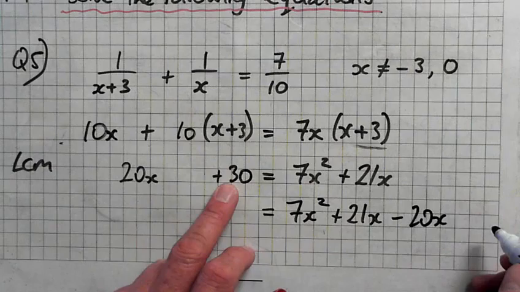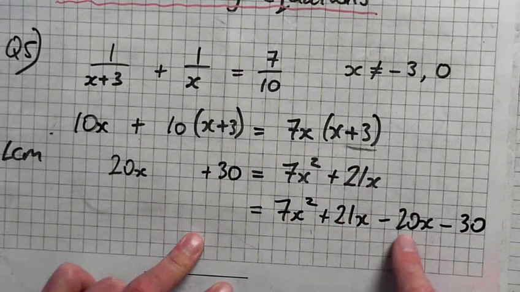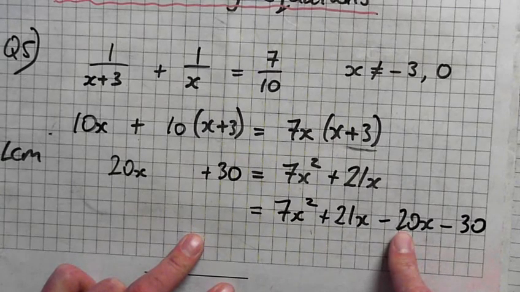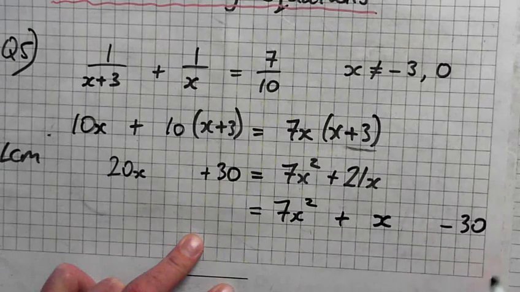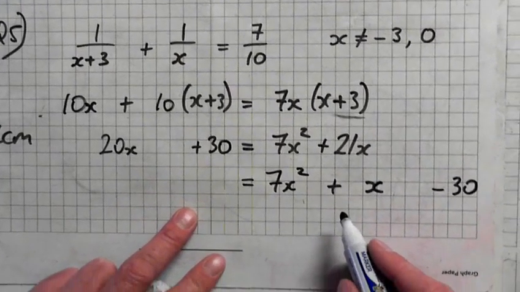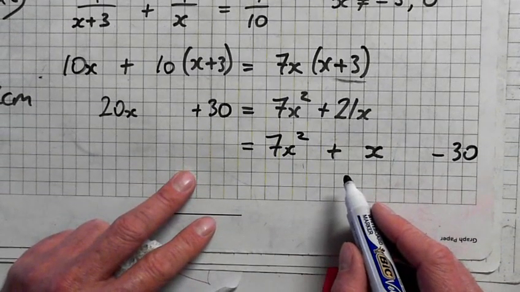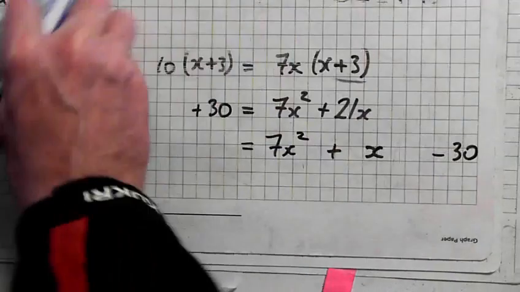And bring the plus 30 across. 21x minus 20x. Alright, this is the formula I have to deal with now. Have to solve. So what do I use? What formula do I use?